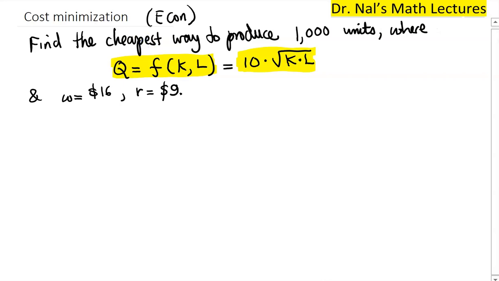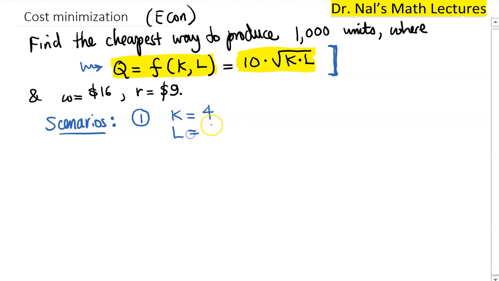Just as an example, just to make sense of this function, suppose that we have three different scenarios. All I'm doing is trying to make sure that everybody understands the meaning of this technology. So if hypothetically, this is my first scenario, we had 4 units of machines, and L were 1 hour of labor and 4 machine hours.